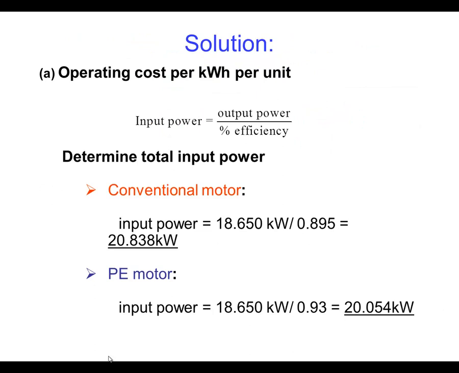So we need to calculate the actual input power for each motor first. The input power will equal the output power divided by the efficiency.